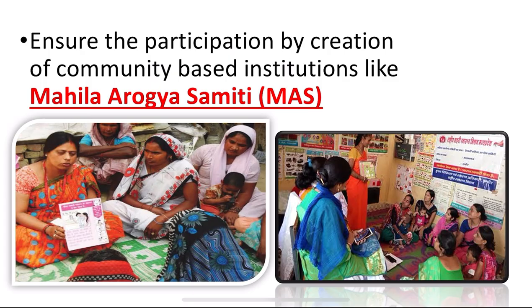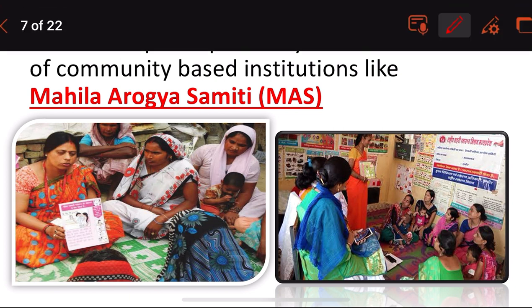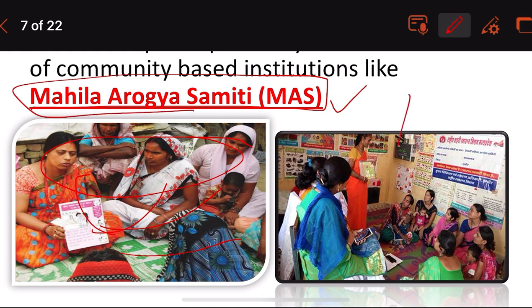It also ensures participation by creating community based institutions. So we have the active participation of the community. The community is also actively participating by establishing the Mahila Arogya Samiti. We will discuss this in the upcoming slide.